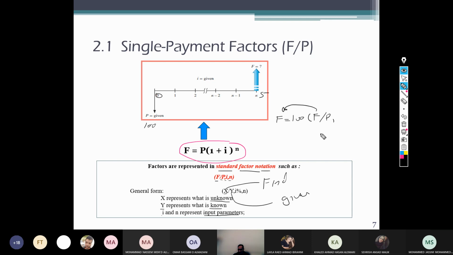Comma. I need to know what the interest rate is. Here we have 3%. So I indicate it with 3%. I don't put a decimal point, because anybody who looks at this understands your command. If you write in Excel and put a wrong command in a formula, it will give you useless information.